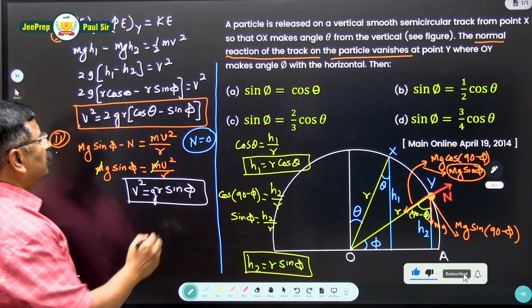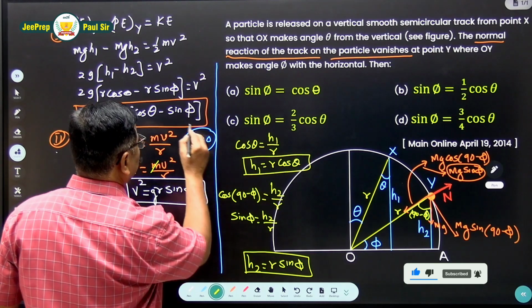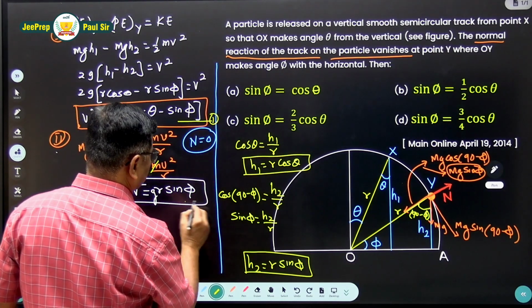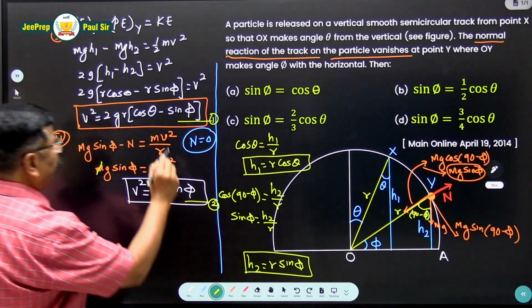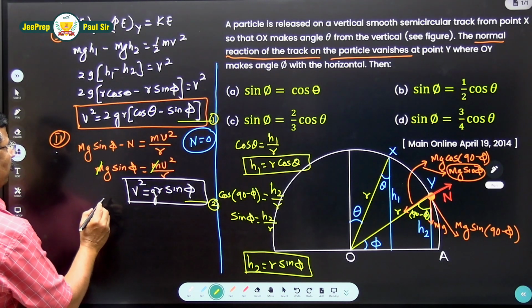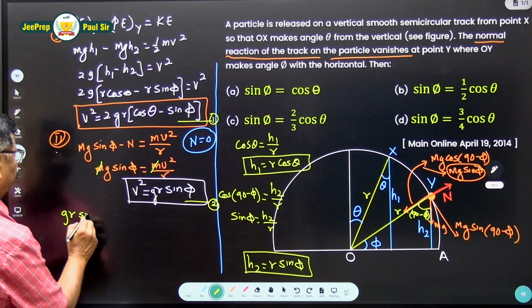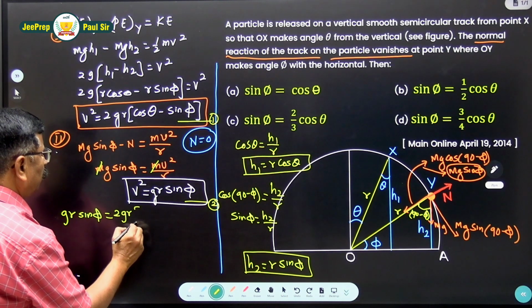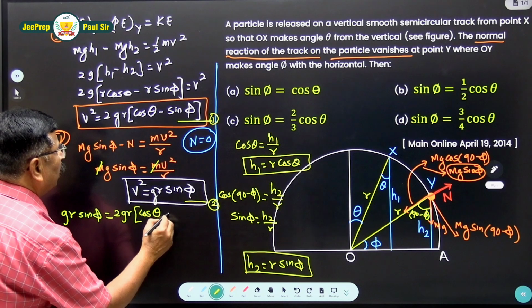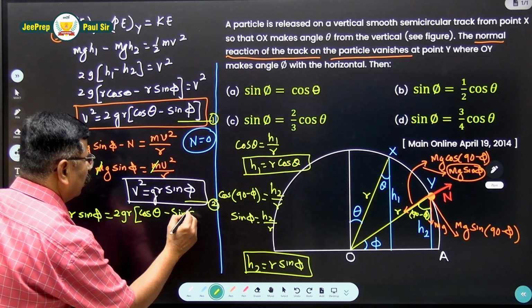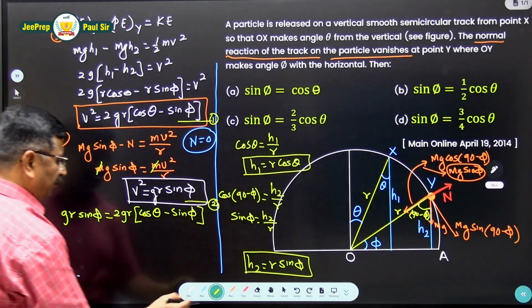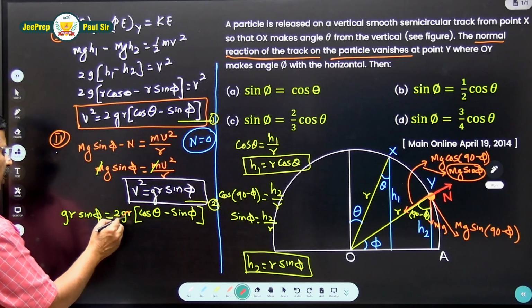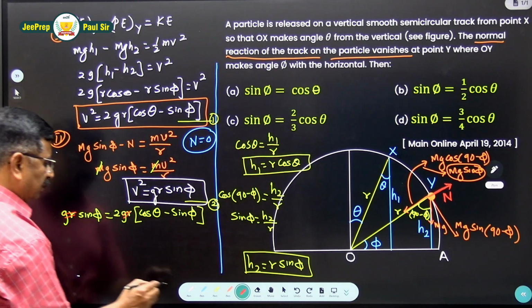Now we will equate these two equations. This is equation number 1 and this is equation number 2. When we equate them, we will get gr sin phi is equal to 2gr into cos theta minus sin phi. So gr and gr will cancel.